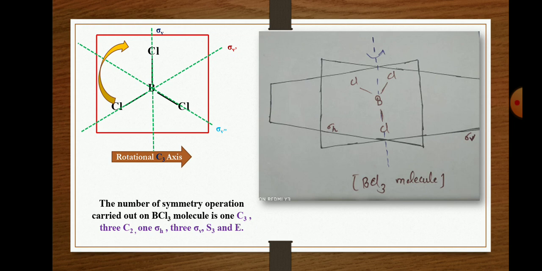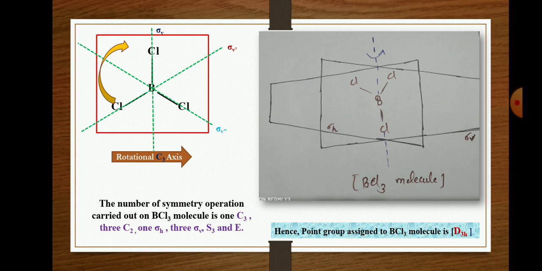When you consider the order of the point group, we calculate it by simply counting the number of operations. Hence the point group assigned to BCl3 molecule is D3h.